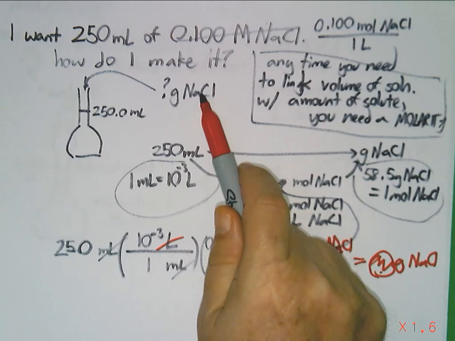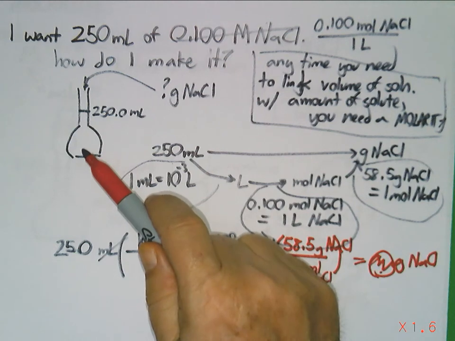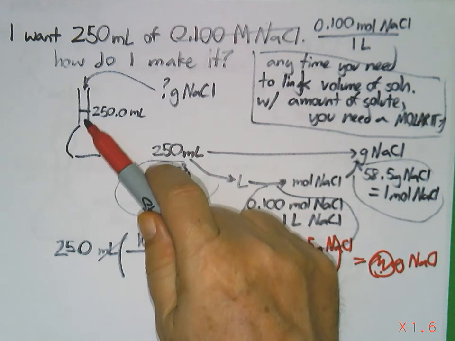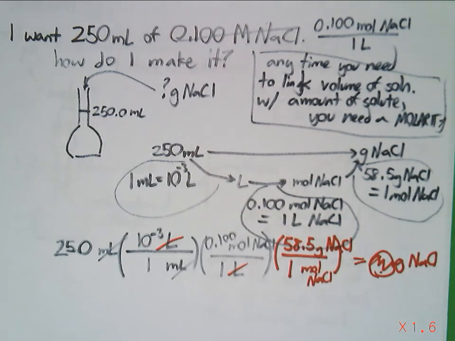You weigh out this many grams of NaCl, put it into the bottom of a 250 milliliter volumetric flask, add water, mix, keep on going like that until you get the bottom of the meniscus to come up to the fiducial mark. So that's how you use molarity to figure out how to make a solution.